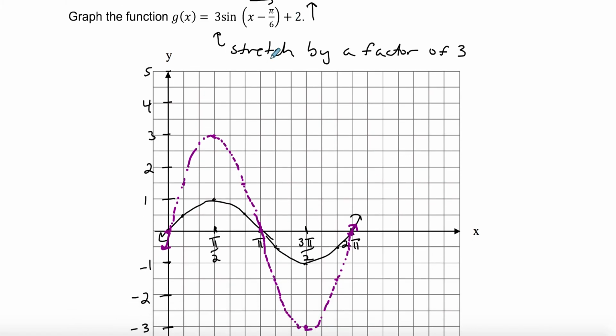So the way we divided this up, 30 degrees is just 1 square. So imagine all of our points now, our key points are going to move 2 units up and 30 degrees to the right, or 1 square to the right. So this becomes our new point there. This point is going to move 2 units up and 30 degrees to the right. Here, we're going to go 2 units up and 30 degrees to the right.